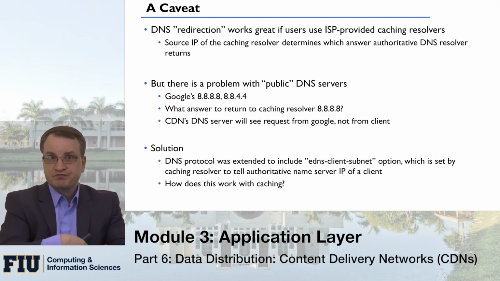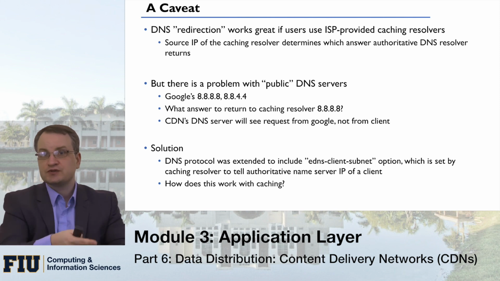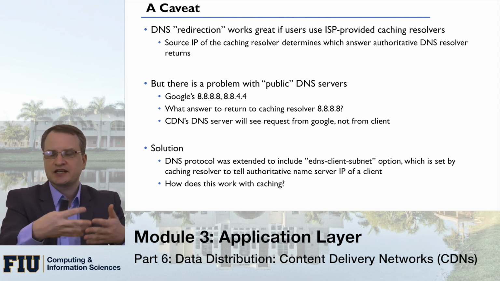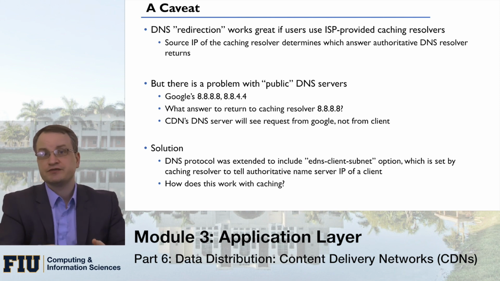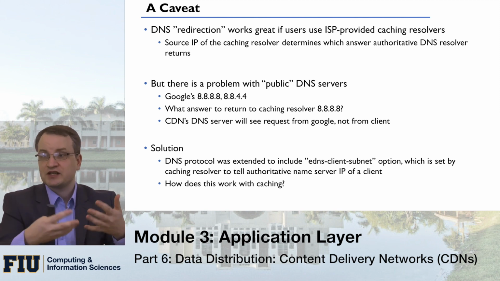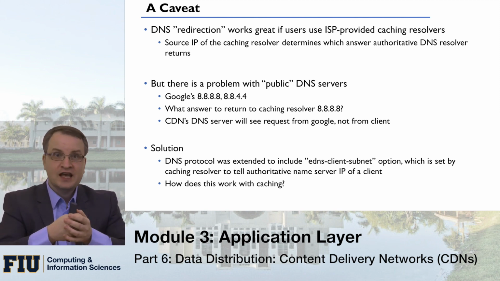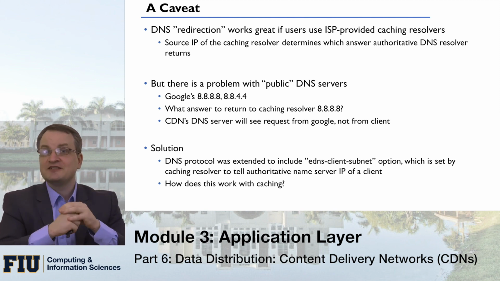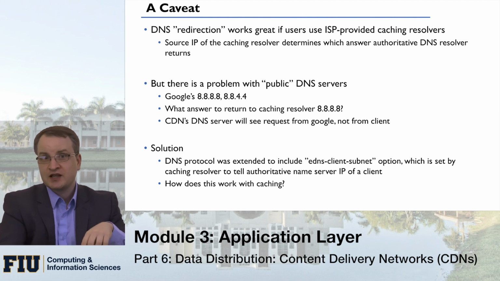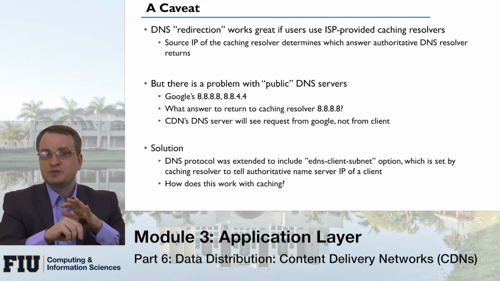Every client was kind of forced to send queries through those cache and resolvers, and using the IP address of the ISP, the CDN providers inferred where the client is. Everything was working pretty well until Google and a few other companies introduced so-called public DNS servers. And not just introduced, but advertised, and they became really, really popular.